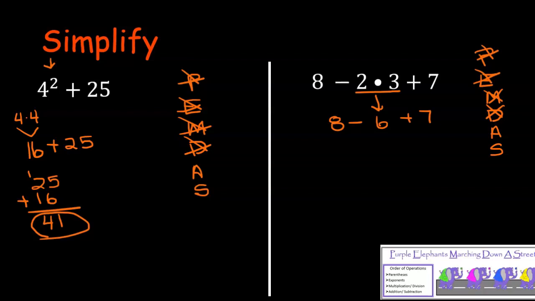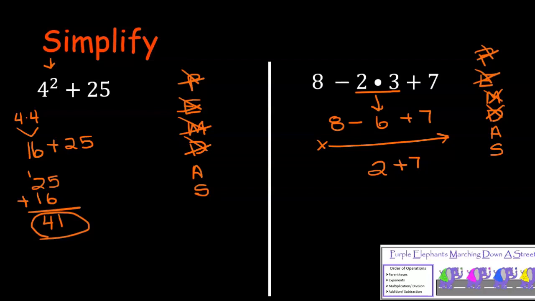Well, I start over here at the left and go left to right and see what comes first. So my first is subtraction. 8 minus 6. Well, I know that 8 minus 6 is 2. I'm going to write that down. Then I'm going to write my 7. My 7 is just hanging out over here. I can't forget it.